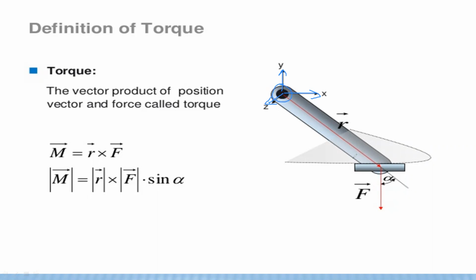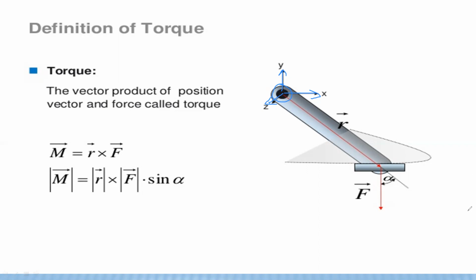Whenever a force is applied, that is inclined forces, vertical forces or any type of forces applied on that object, the object should be rotated. That means torque is a measure of the force that can cause an object to rotate about an axis.